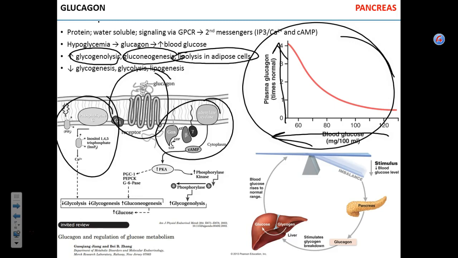You can break down fats into free fatty acids and glycerol, and then you can convert glycerol into one of the intermediates of glycolysis and run glycolysis backwards. You can convert glyceraldehyde 3-phosphate back into glucose, or you can take fatty acids.